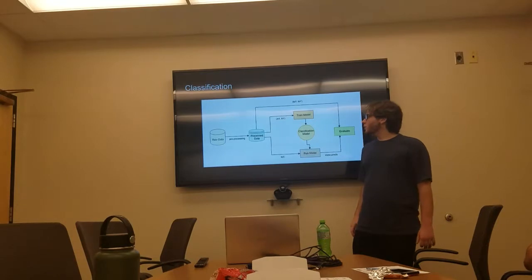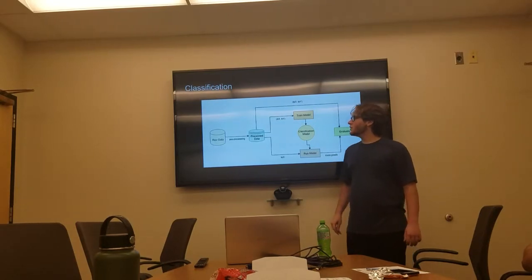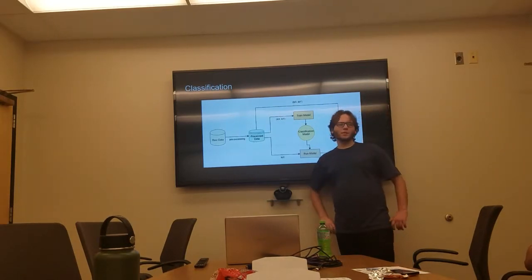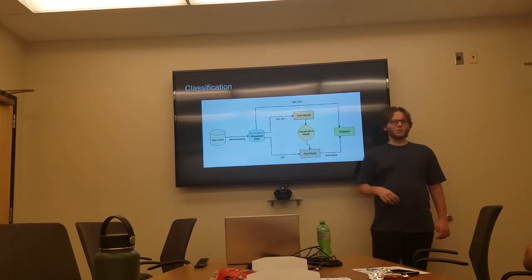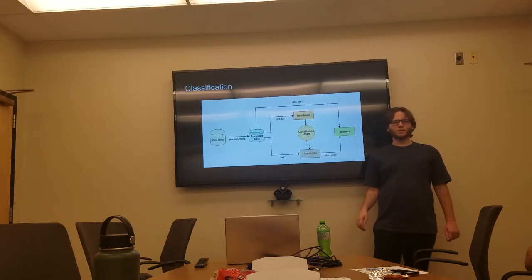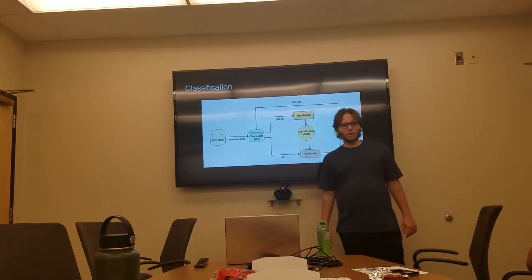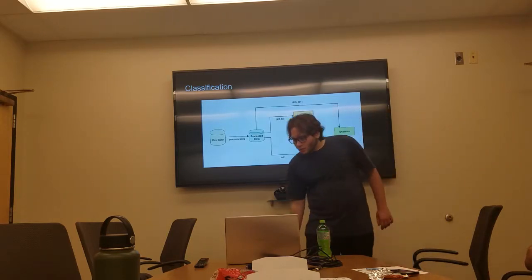Which is part of why neural networks are cool, but also part of why they can be a pain, because they're going to train themselves on exactly what you give them. So if you're not giving them the right stuff, it might not be exactly what we expect.